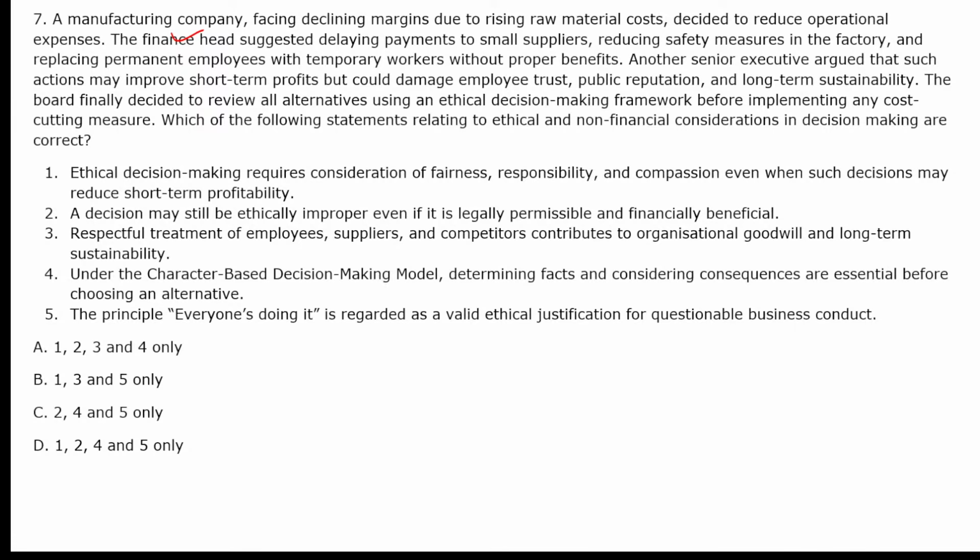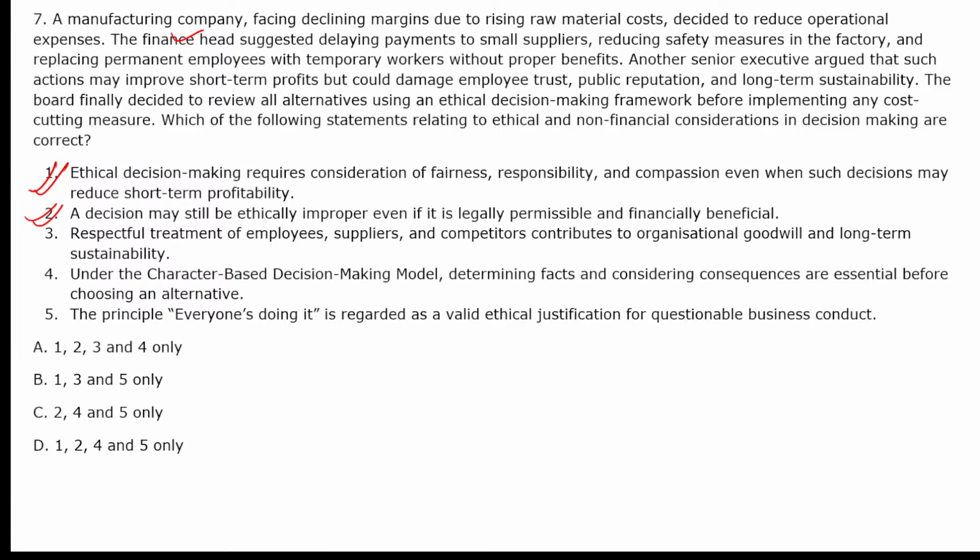Even if we are suffering short-term profits, we should have ethical decision making. A decision may still be ethically improper, even if it is legally permissible and financially beneficial. Correct. Ethically, it might be wrong, even if it is legally correct.